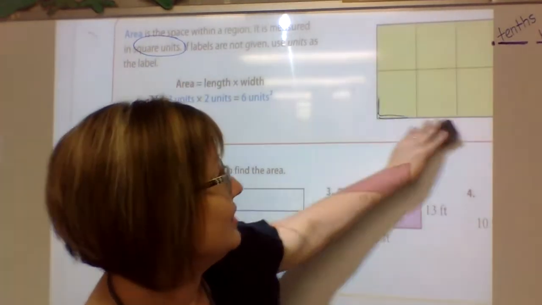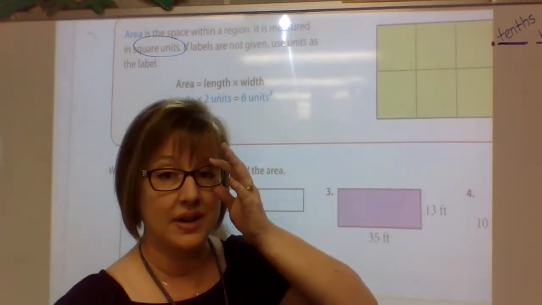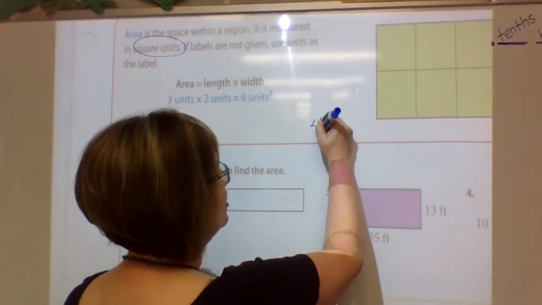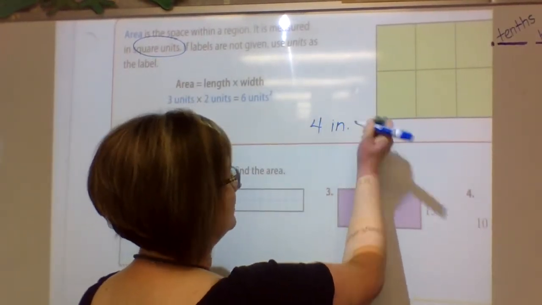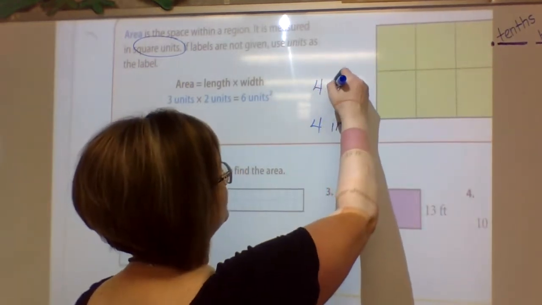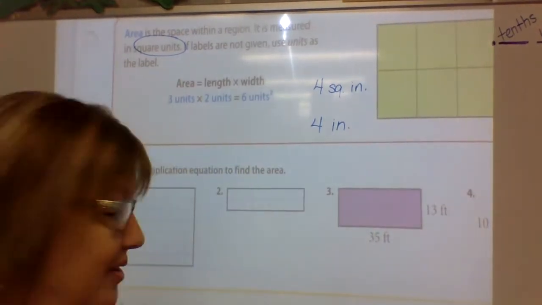And it makes a square, so it's a square unit. With perimeter, if we were measuring around this, we would say just 4 inches. But if you're measuring the area inside, it would be 4 square inches. And you can abbreviate it that way.